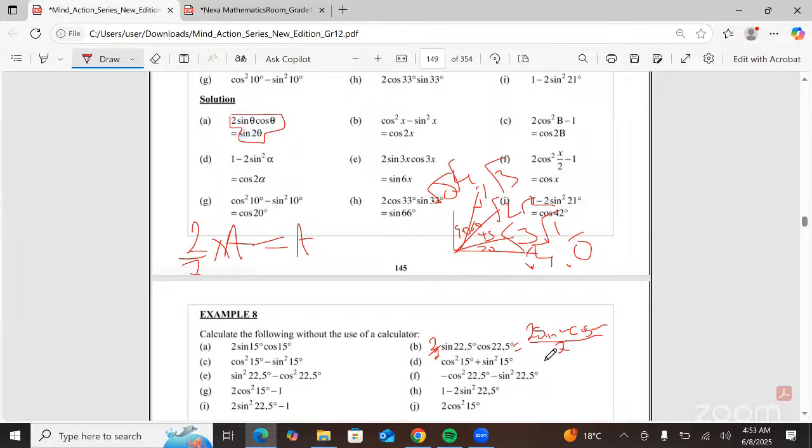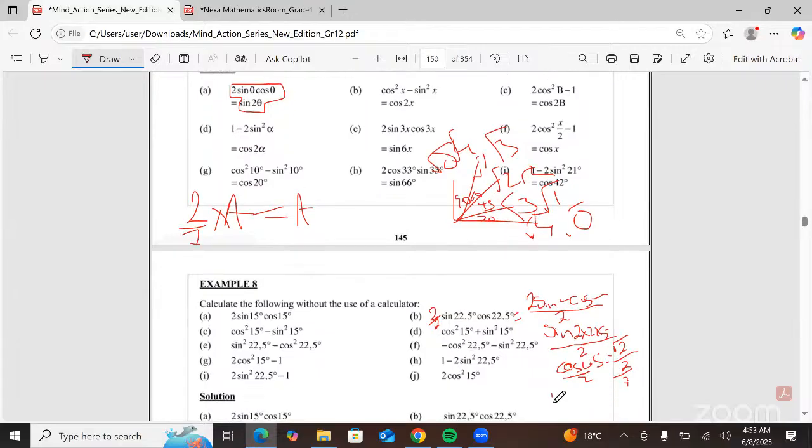Then your numerator is sine 2 times 22.5 all over 2, which is sine 45 over 2. We get root 2 over 2 divided by 2. Then your final answer is root 2 over 4. Then you are done.